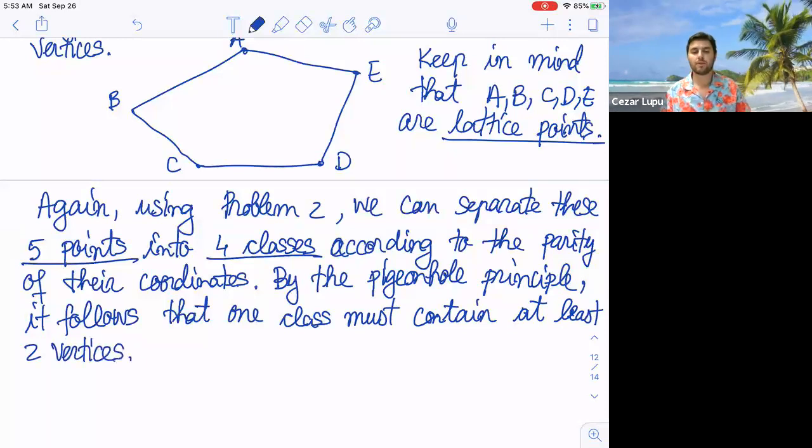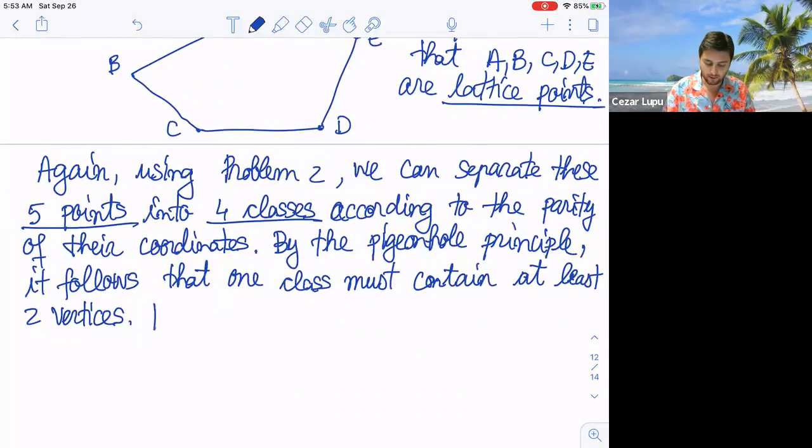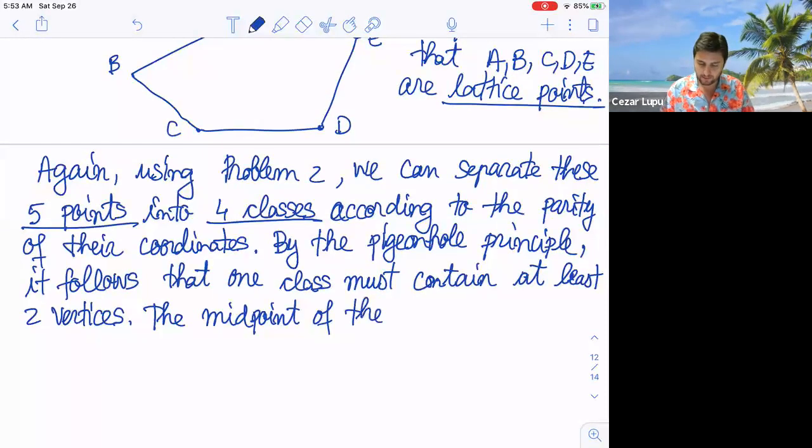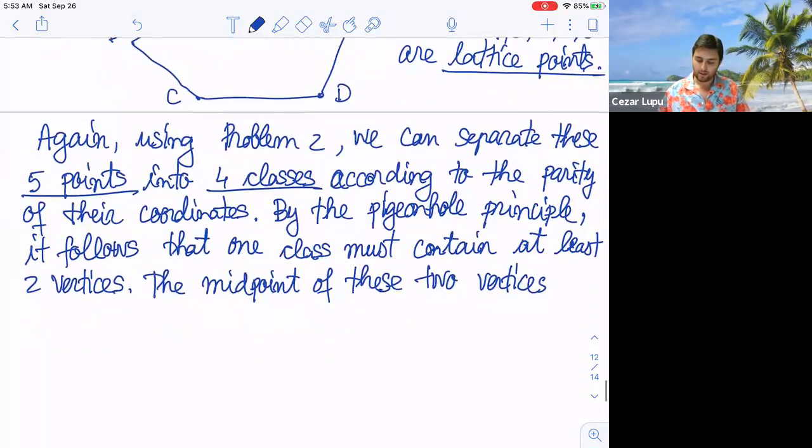And now guess what? I'm going to take the midpoint. Basically I'm just applying the first problem we discussed today. The midpoint of these 2 vertices is a lattice point.